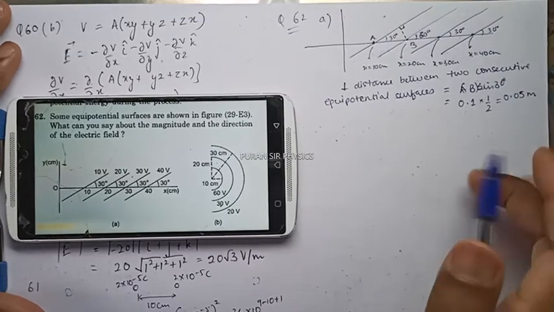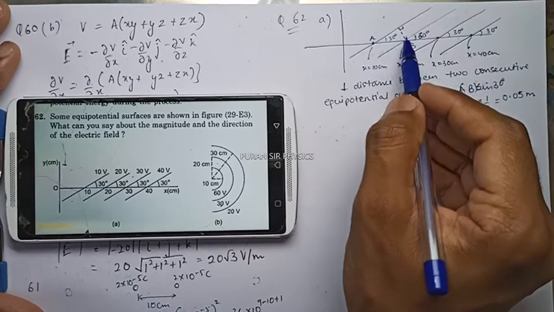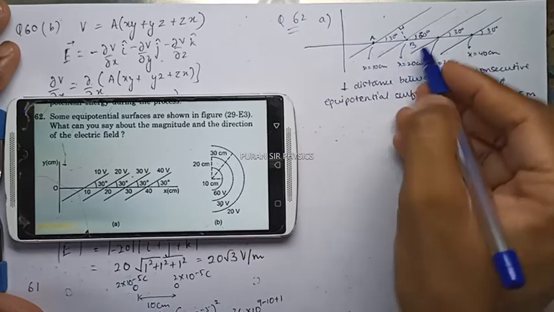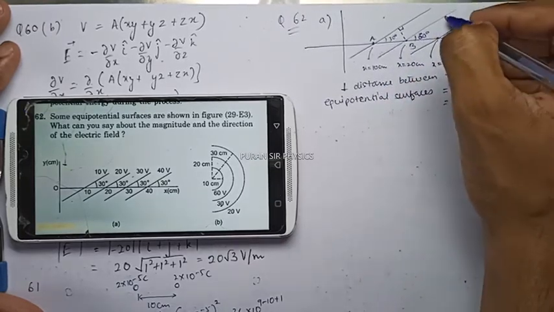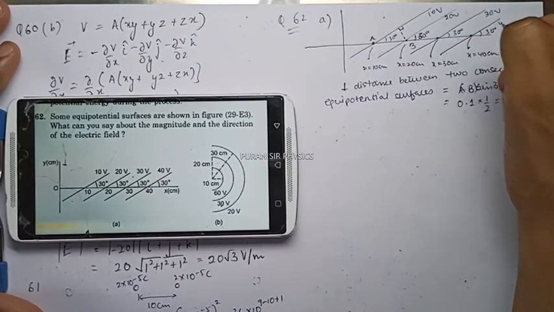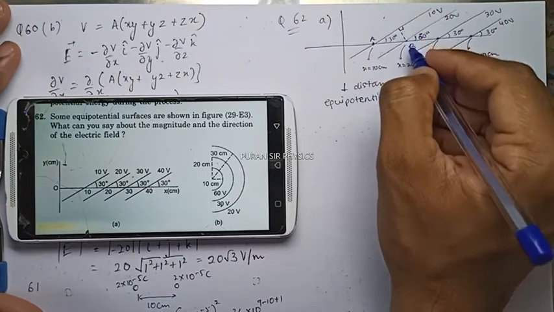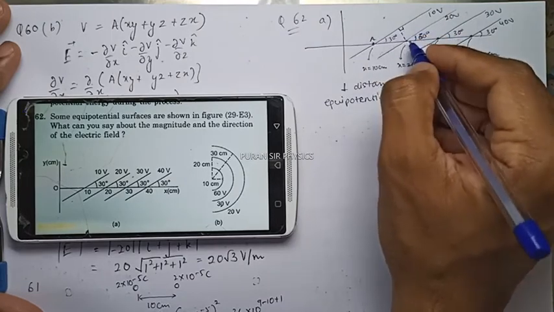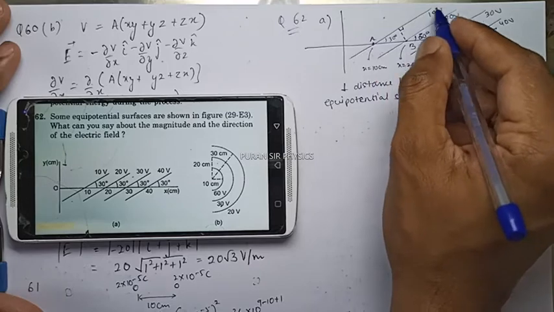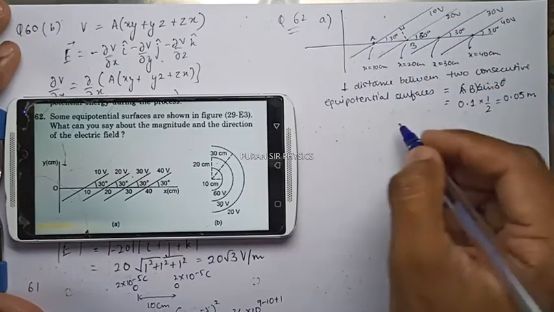So when we move 0.05 meter your potential decreases, so this is 10 volt, this is 20 volt, this is 30 volt and this is 40 volt. So when we move perpendicular to the equipotential surface, the potential decreases by 10 volts when we move 0.05 meter.